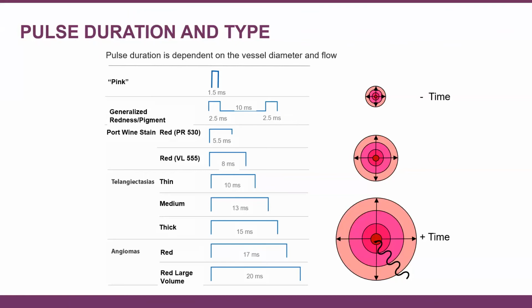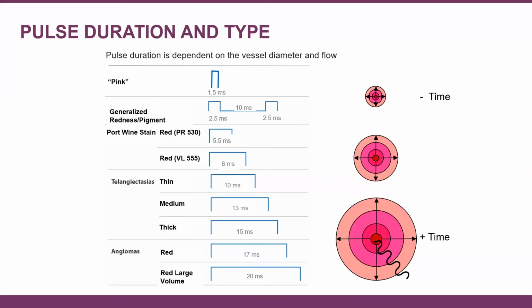Once we start reducing the pulse duration when we're treating port wine stains, this is where we get to the situation where we are causing a laser bruise or purpura. And in many instances, the most efficient way of treating a port wine stain is actually to cause the purpura.